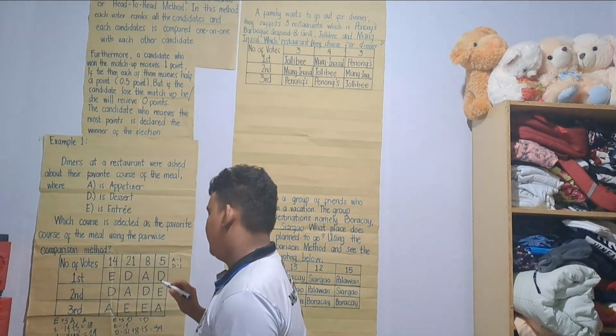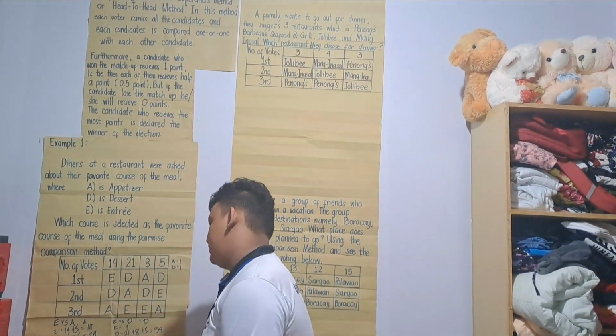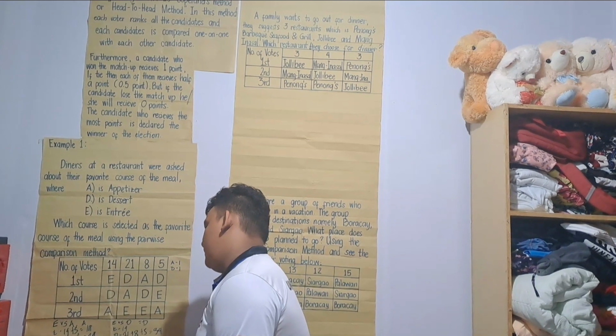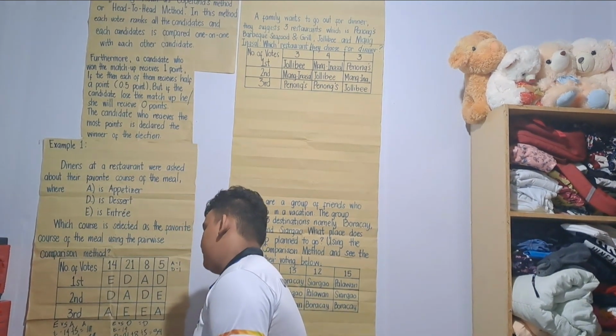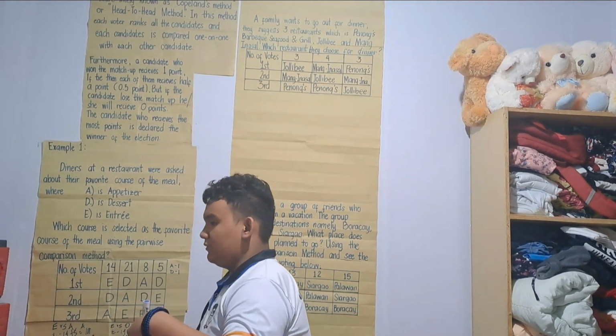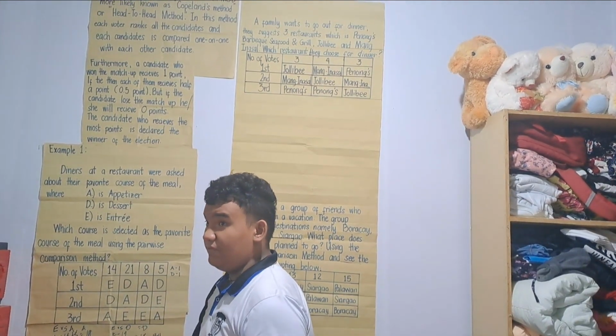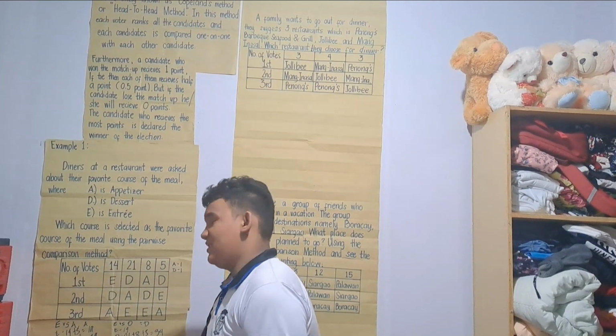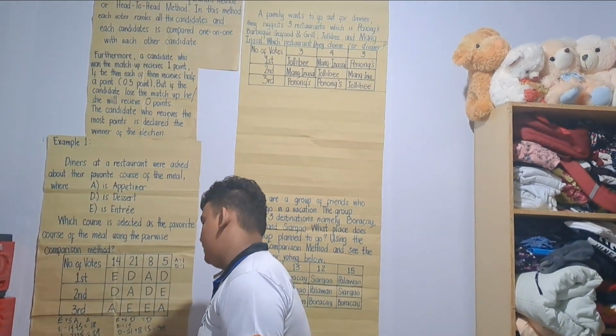So 14 plus 21 is 35, plus 5 is 40. The winner in the matchup of dessert versus appetizer is D.